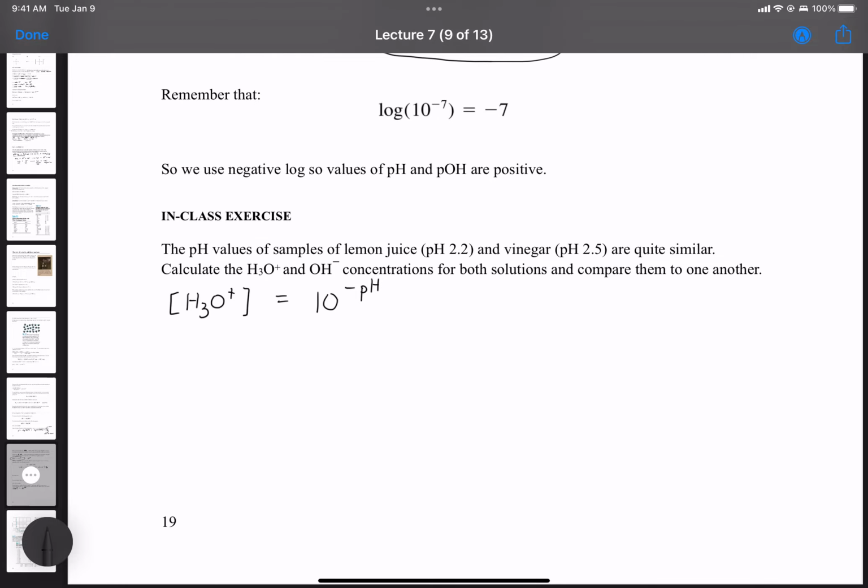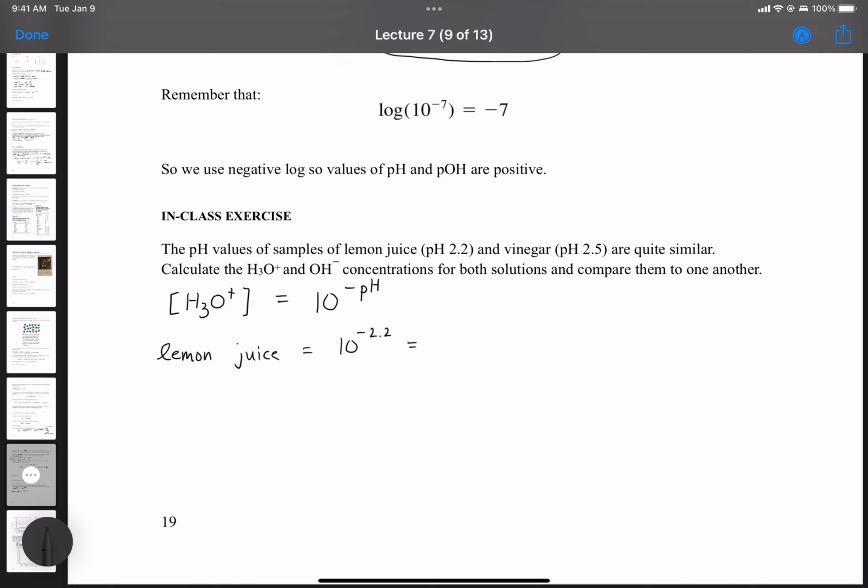Okay, so we know our pHs. So let's do our lemon juice here. H3O+ equals 10 to the negative 2.2.